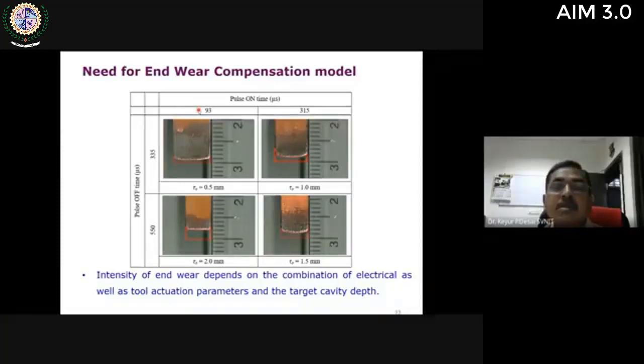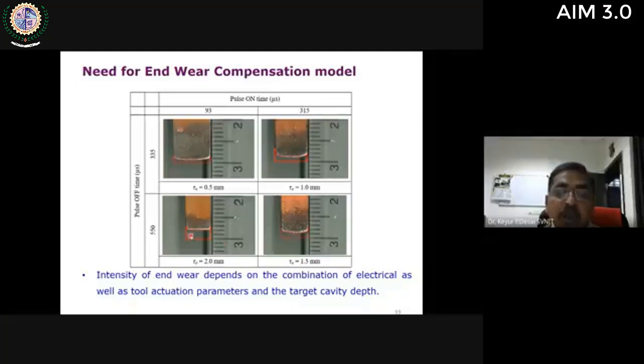When on time is 93, off time is more, this is the wear. And then when on time is 315, off time is 550, orbiting radius 1.5 mm, and this is the wear. You can see as you keep on increasing the orbiting radius, these are the sample results.